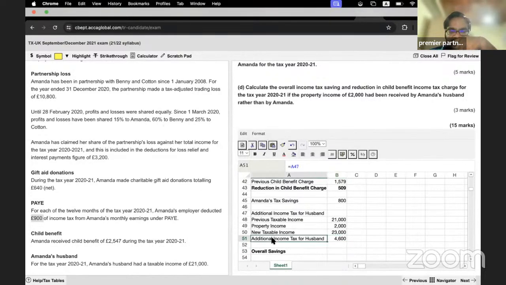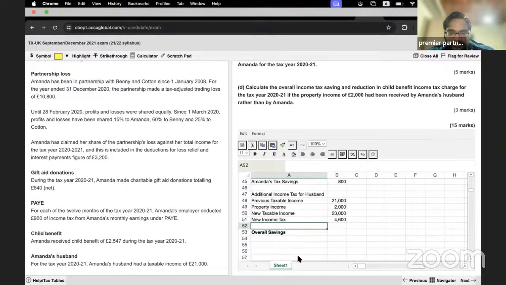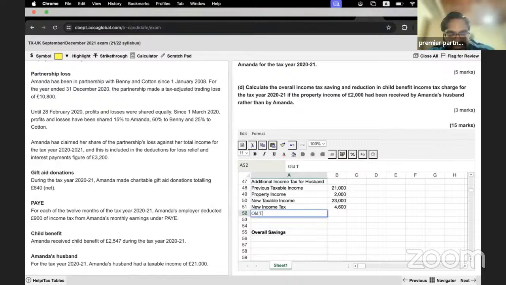Right. So let me change the wording here. This is the new income tax. What would be the old income tax for her husband? 21,000 into 20%. 4,200 would be the previous income tax for her husband.